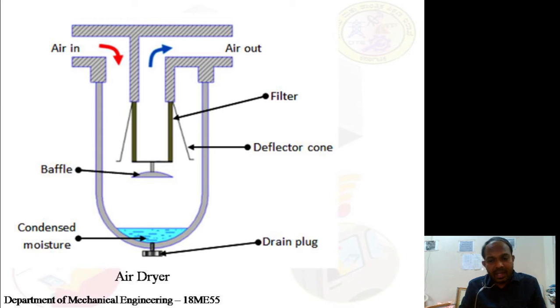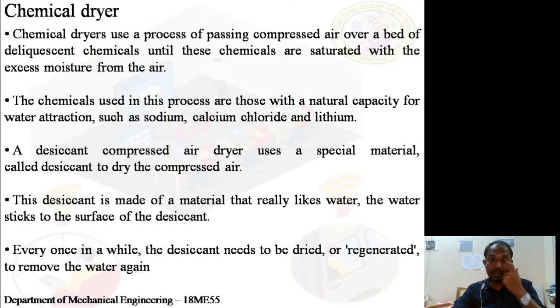Now there are different types of air dryers. The desiccant air dryer is what we call the chemical air dryer, and then we also have refrigerant air dryers. As I have already told you, we use air dryers even in air conditioning systems, HVAC.